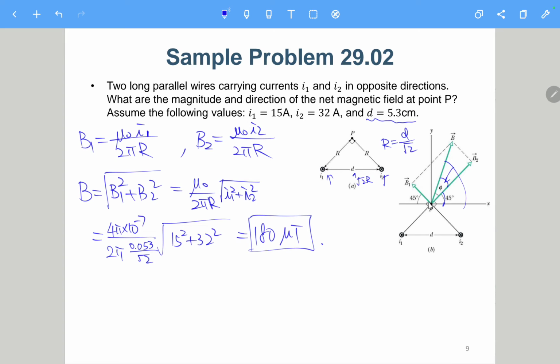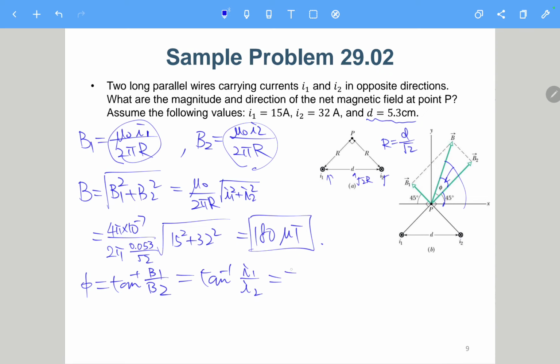So for phi, B1, and then this is a rectangle. So this is B1, this is also B1. For phi, we know the tangent of phi is B1 over B2, which means that phi should be arctangent of B1 over B2. If we divide them, we are only left with I1 over I2.